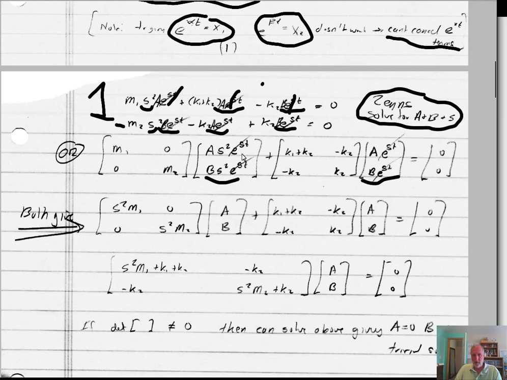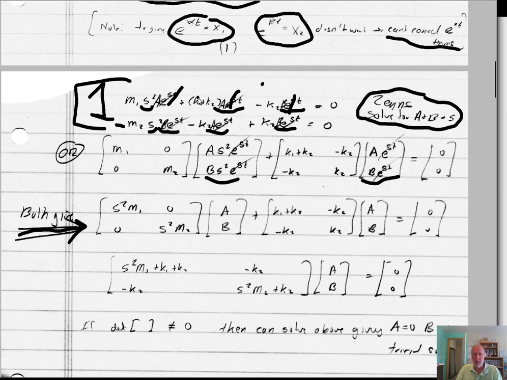If you do the Laplacing here and then cancel out the e to the st's all the way across in the matrix, or you take this set of equations up here, now it's algebraic, and we put it into matrix form, both methods give the exact same matrix problem, two equations and two unknowns.